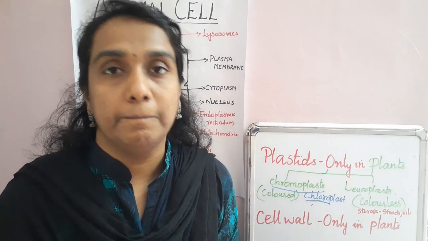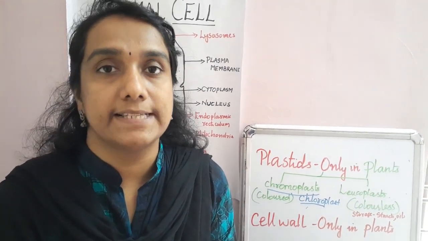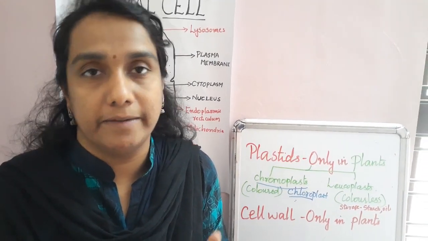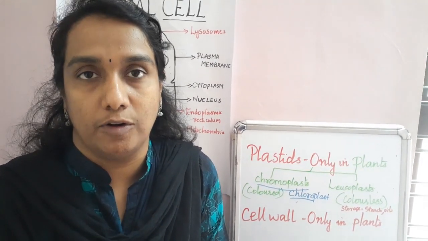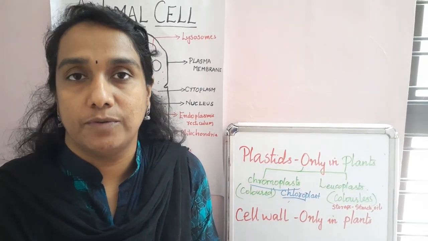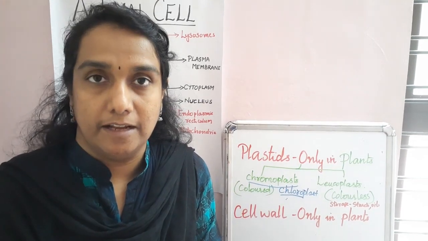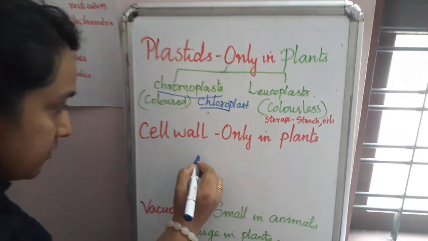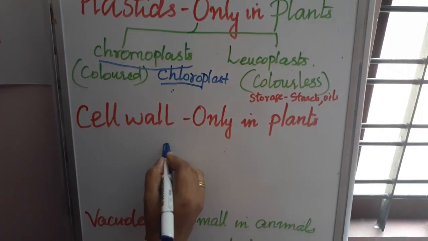Next, one of the important differences between a plant cell and animal cell is that the plant cell has a cell wall, but the animal cell doesn't have a cell wall. Cell wall is the major thing differentiating plant cell and animal cell. Suppose this is a plant cell.